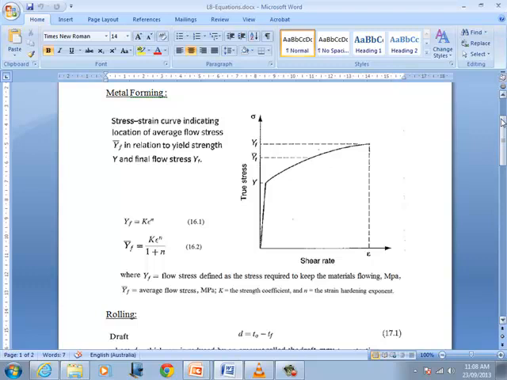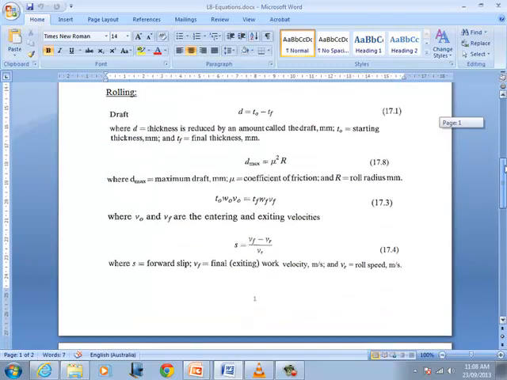Moving further down, we've got a number of equations, draft, which is something that we had in the lecture note. And for a given material, there is a maximum value of draft. What's that? There is a maximum limit for reduction of the thickness, which is referred to as maximum draft, D max.